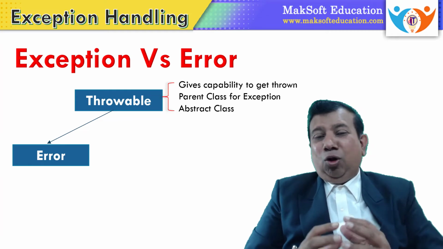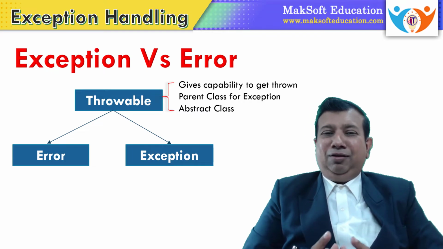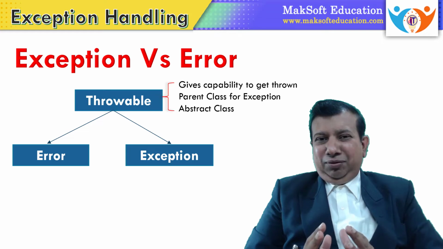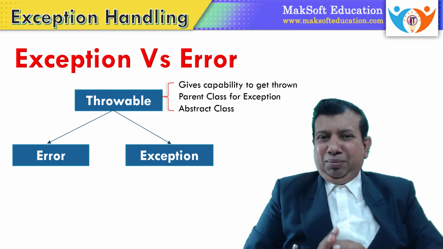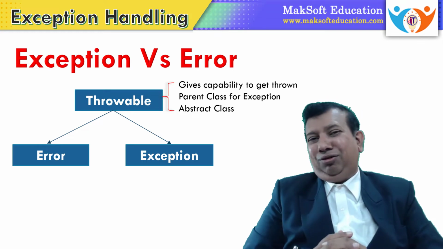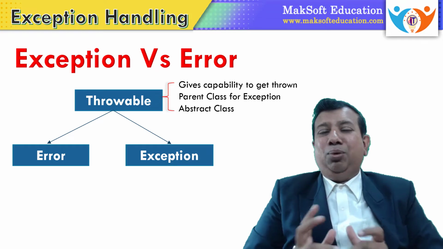Whenever there is a logical problem in your program, at that time an exception occurs. So both error and exception look similar, but they are totally different. Error is because of lack of system resources. There is no relation of error with the program.